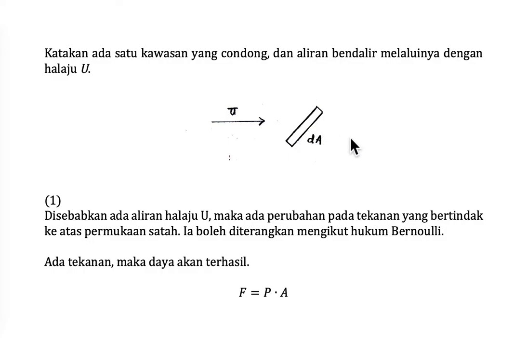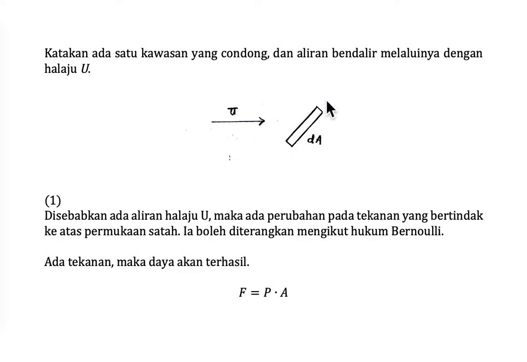Okay, the existence of lift and drag force is actually influenced by two big elements. So let's say we have one small area like this, so we mark it as dA. Then we have a free stream velocity. We mark it as capital U, flowing from left to right like this. When the free stream velocity flows around this object, it will create a faster velocity region and a slower velocity region.